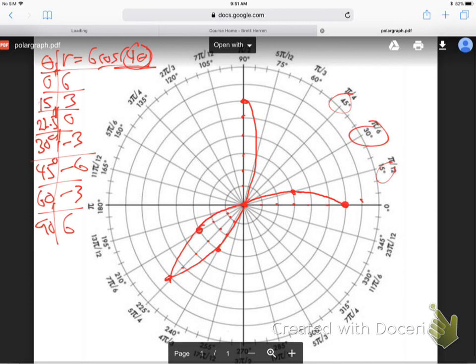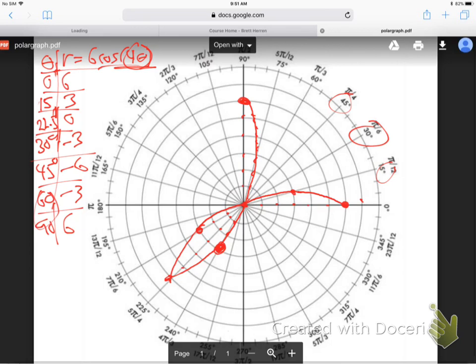That's still true. See what happened there? The trick is, how did it go from this dot at 60 to this dot at 90? Well, it must pass through the origin. If you did values in between 60 and 90, 70, 75, 80, you'd see it's going dot, dot, dot, quickly shooting through the origin and making another branch, another petal. So it's just going to keep going. It's going to make all these. We're going to make 8 petals in the end.